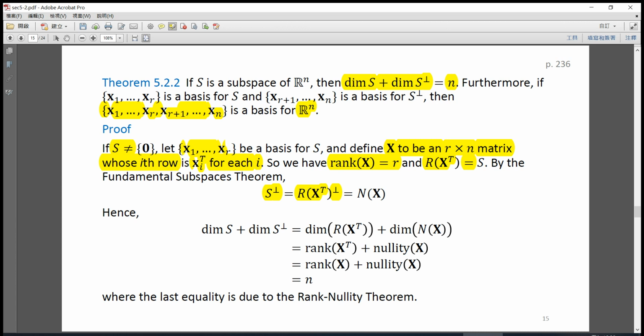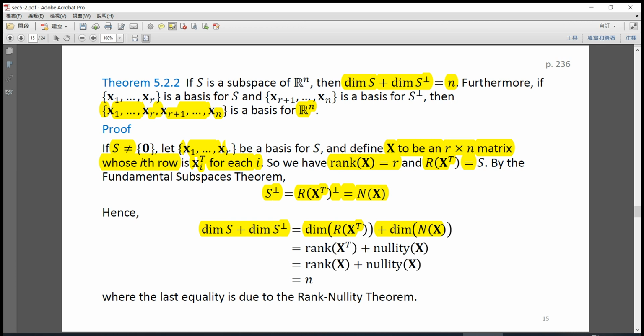Then, by the fundamental subspaces theorem, we know the orthogonal complement of R(X transpose) equals the null space of X. Now we can compute the dimension of S plus the dimension of S perp, which equals the dimension of R(X transpose) plus the dimension of the null space of X.